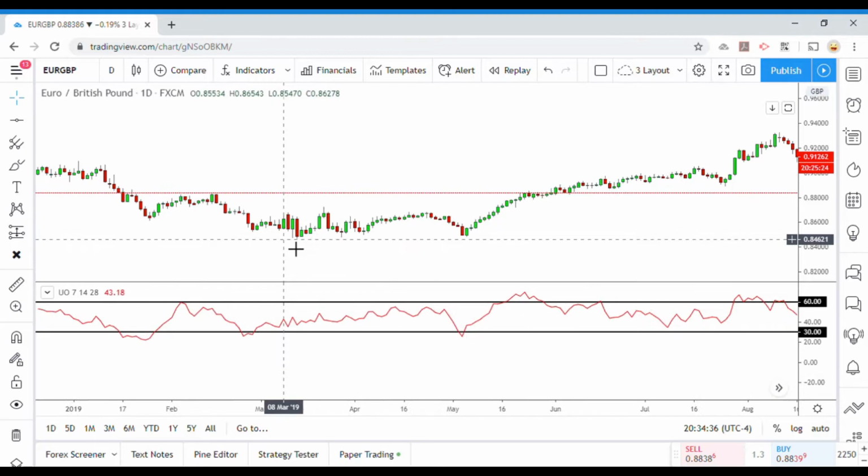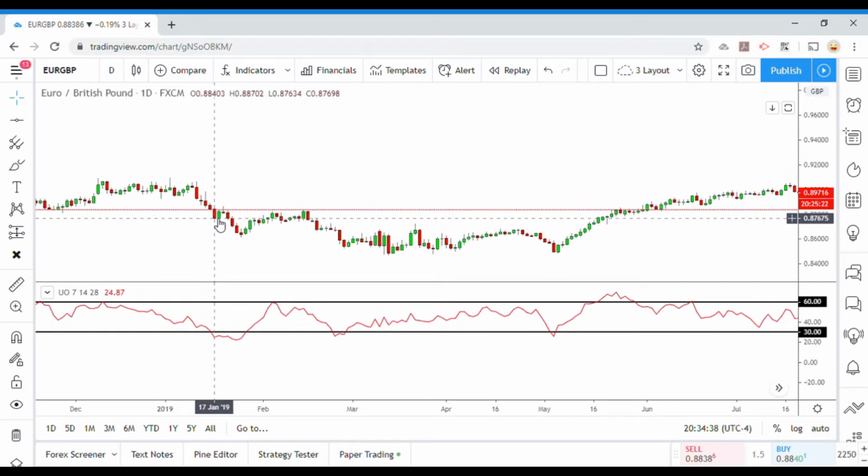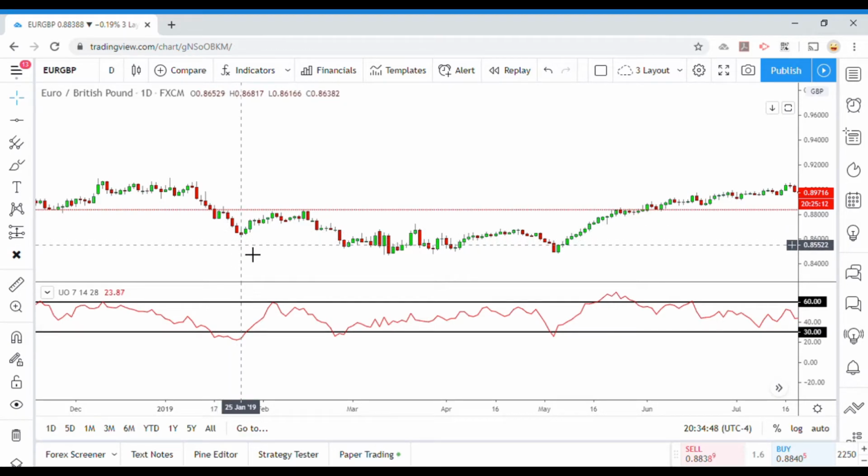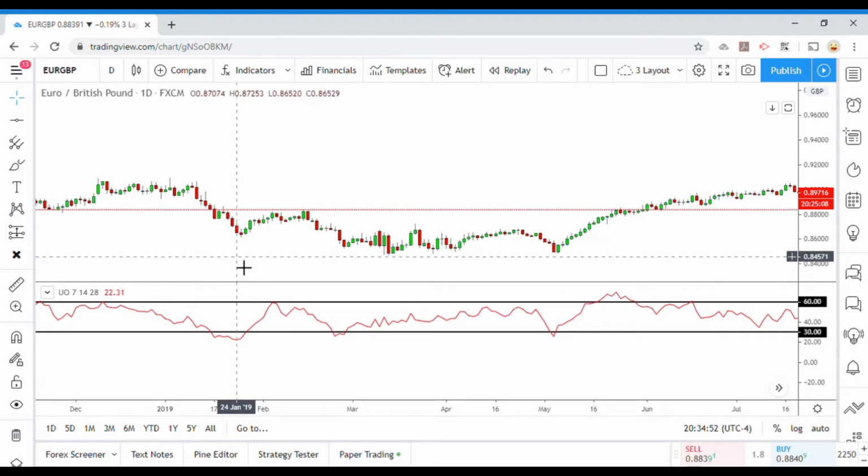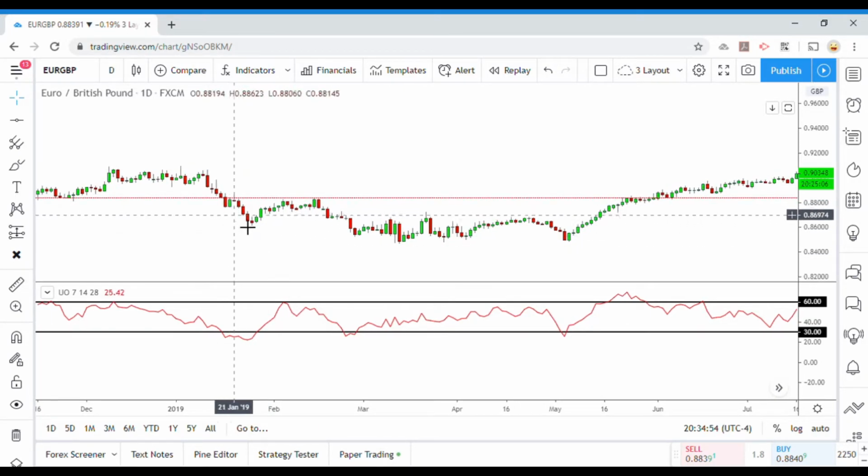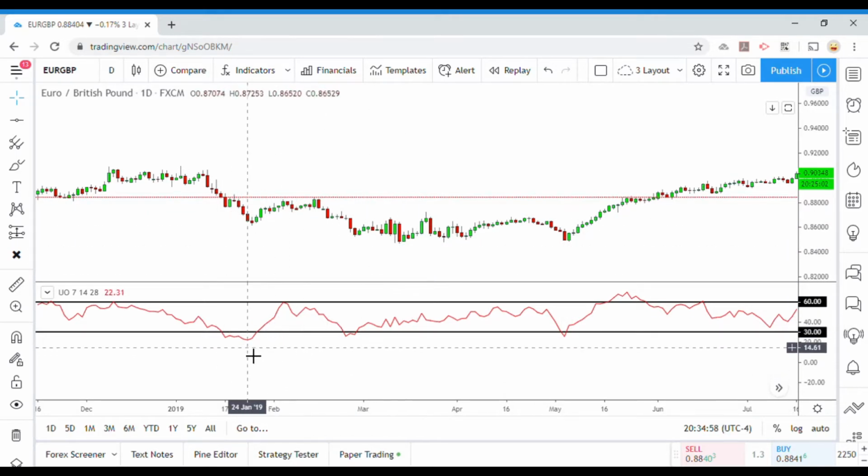Right here, and we probably would have got a win. This candle opened at 87.69 and the low of this one was 86.16. Yeah, that definitely would have been a win on this one.